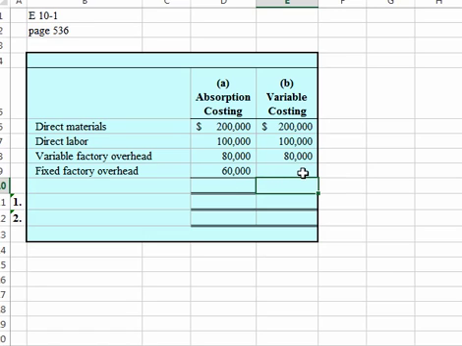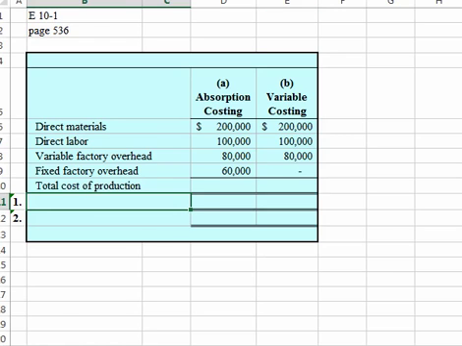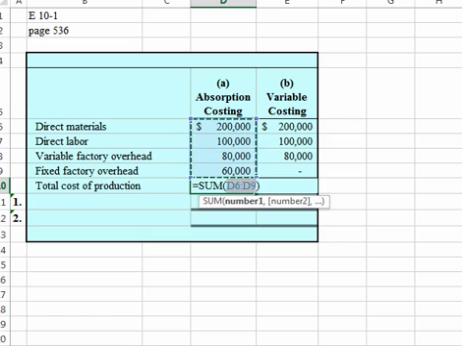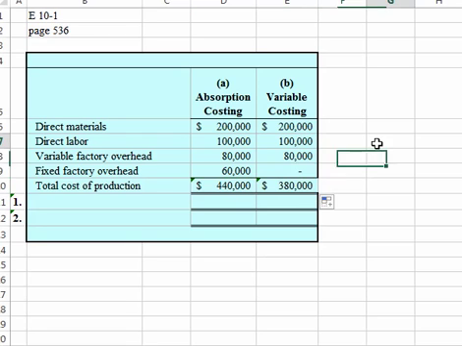Under variable costing, we would just deduct fixed factory overhead as one of our expenses on that year's income statement. So we end up with total cost of production. We want to total both of these columns. $440,000 under absorption costing. Only $380,000 under variable costing.